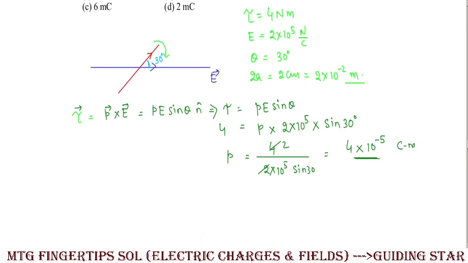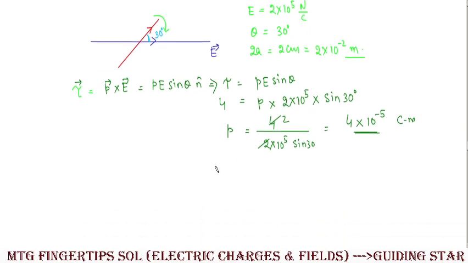Clear? So finally this is the dipole moment, but it is asking about the charge. We know that p equals q into 2a, and the value of 2a is 2 centimeter, that is 2 into 10 to the power minus 2 meter. So then the charge q will be equal to p upon 2a. We got p as 4 into 10 to the power minus 5, divided by 2 into 10 to the power minus 2.